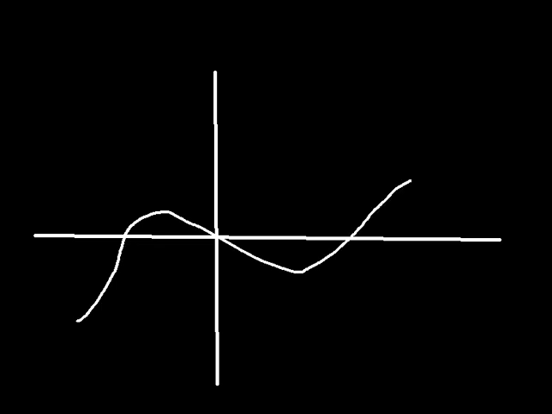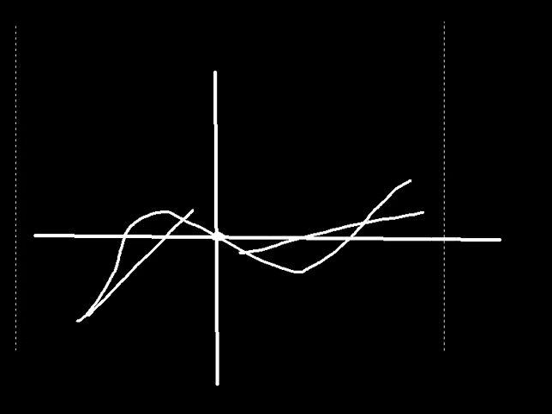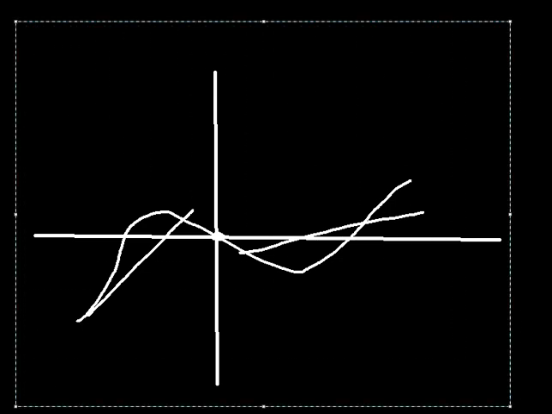As you can see, the graph is symmetric about the origin, because the origin itself has divided the graph into two equal parts. We have this part as well as this part. So different graphs have different symmetry, either along x, y, or the origin.